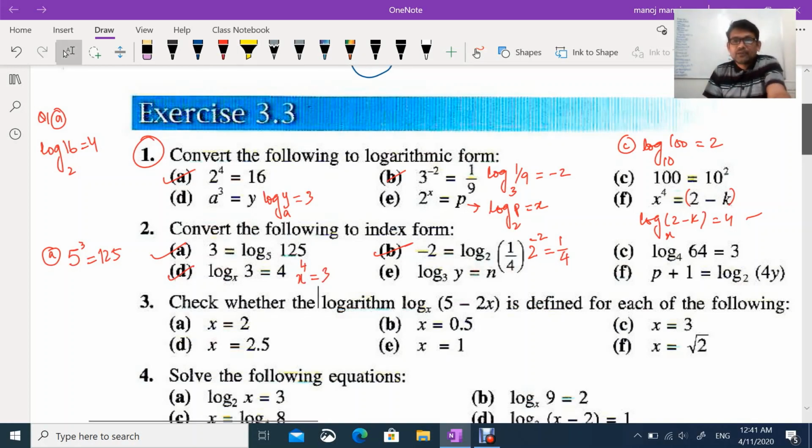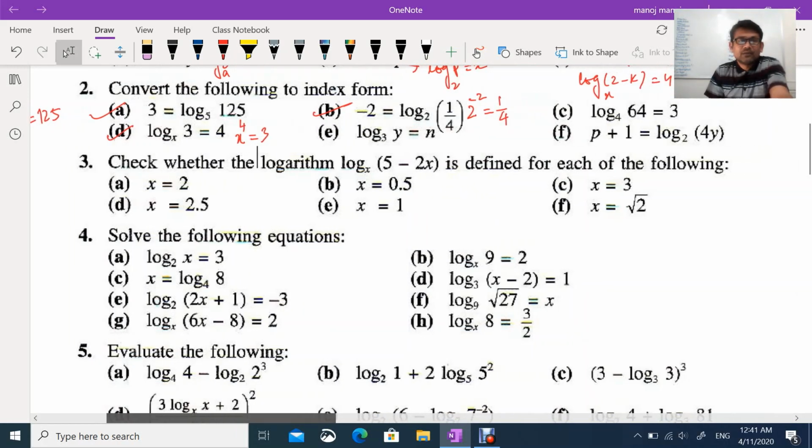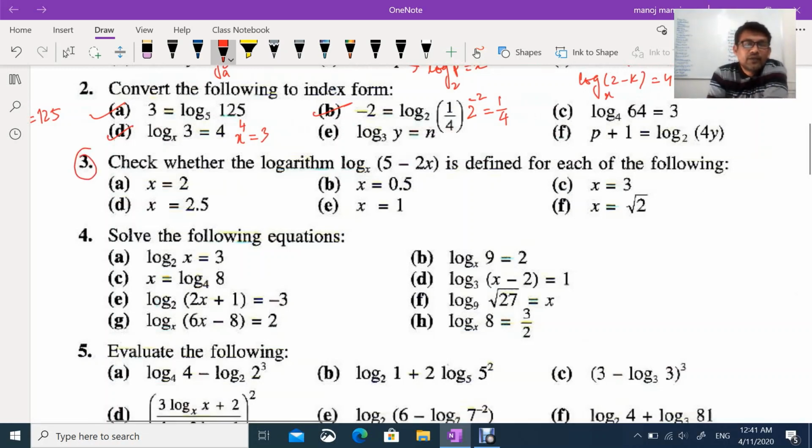Okay. This question number 3, the most important part. What is the importance of this question? When we have an answer in the log form in the exam, we have to know when a log with some value is defined or not defined. One thing is very important, just note it down.